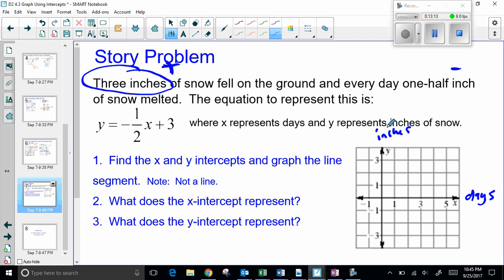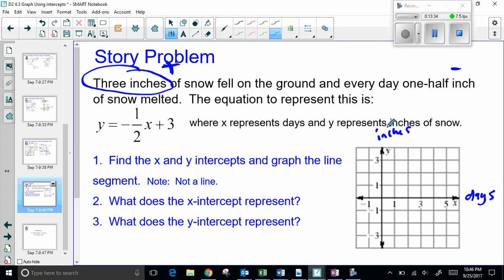What if 0 days had gone by? Okay, what if 0 days had gone by? Like as in, no time had gone by for the snow to melt. All right.